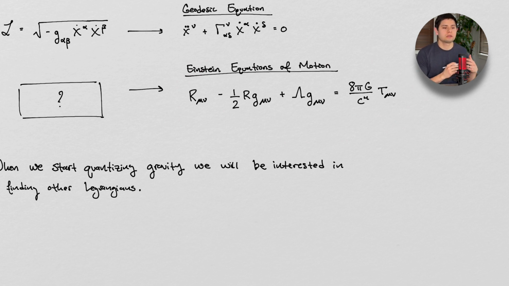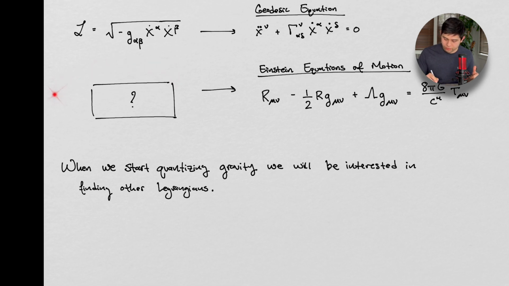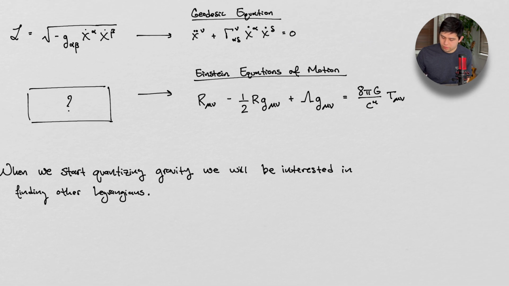So this is going to be a huge area in what is going to be pursued in this video series, which is what Lagrangian are we going to propose here, to be able to recover this equation.